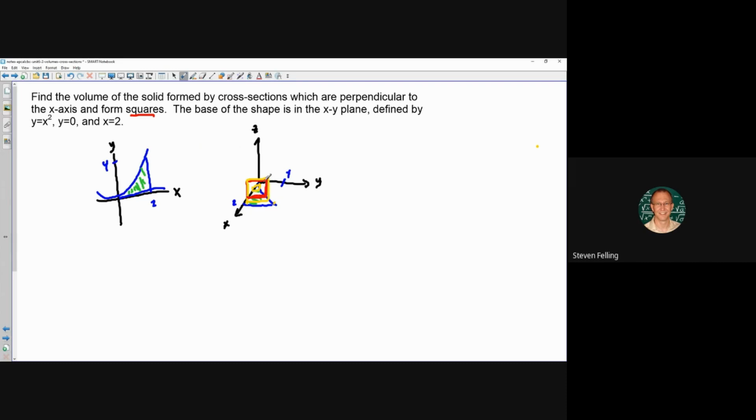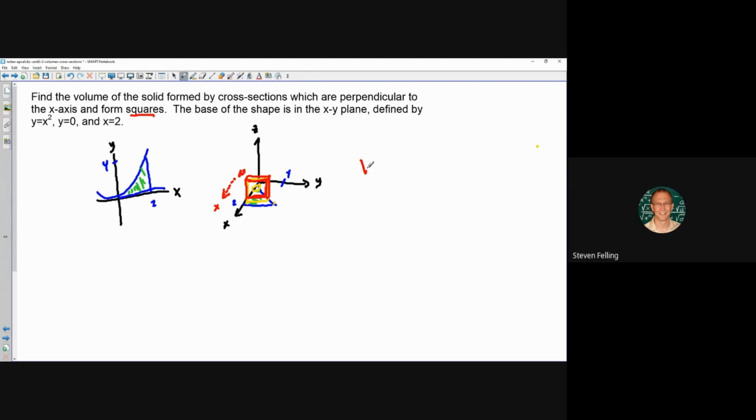Okay, this is a little square, okay? Now, that's going to have to be turned into a volume. So we're going to have to imagine that I'm giving it a little infinitely thin thickness here. I'm exaggerating it. Because the shapes are perpendicular to the x-axis, this is the direction that we're integrating over, which is the x. So that means this little width here is dx.